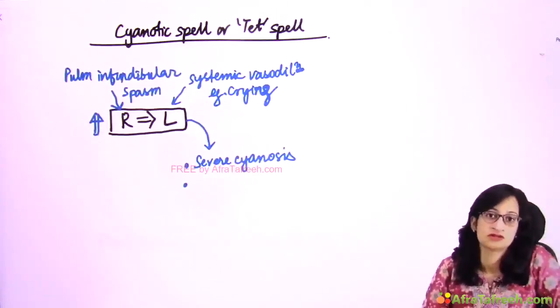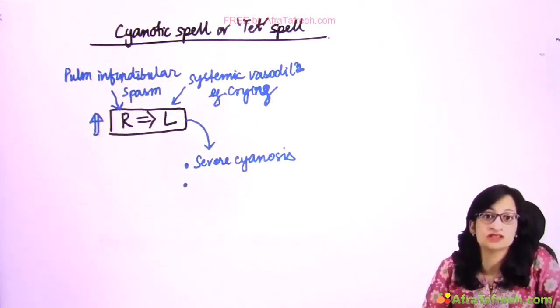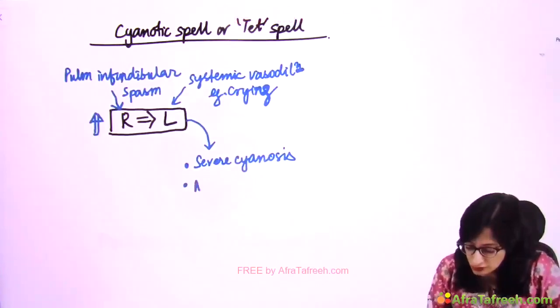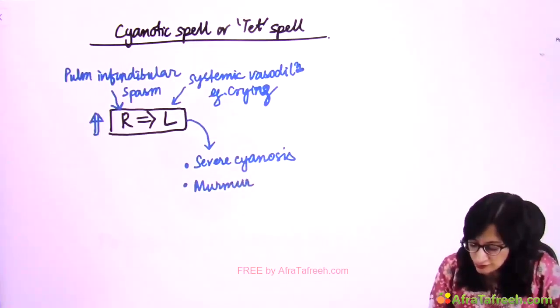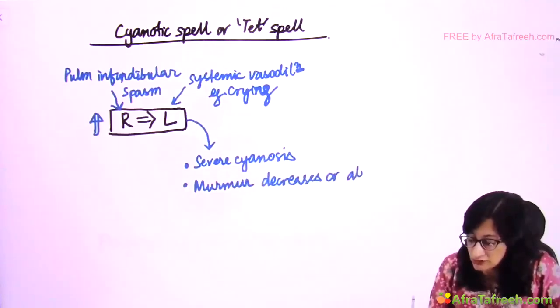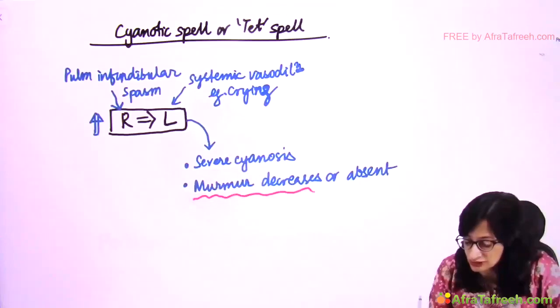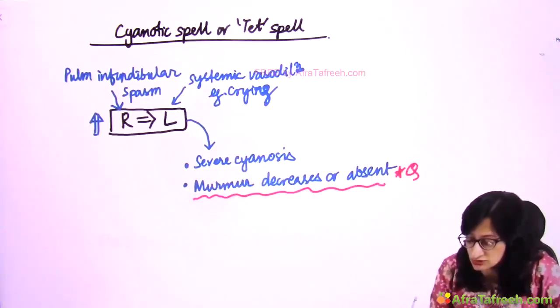Lesser murmur. So, during cyanotic spell, the murmur decreases or may even become absent, because very little blood goes to the lungs. Very, very important.